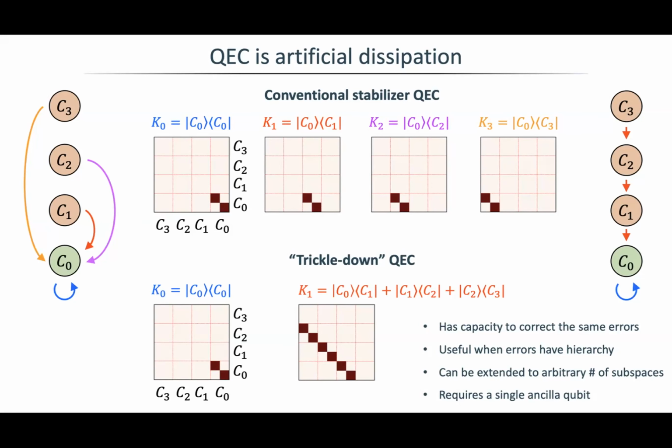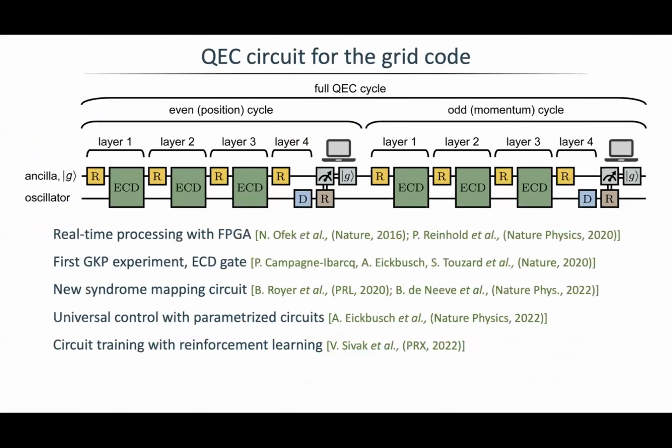The reason I'm showing you this is because the QEC process that we realize for the grid code is much closer to this kind of dissipation than to that kind of dissipation. This is the circuit that we run to do error correction. I'm only going to explain it at a high level, just because there isn't enough time.